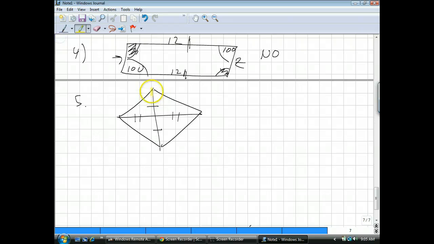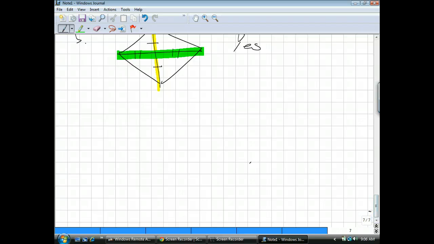Well, I know that this diagonal is bisected by the other one because I know those two segments are congruent, and I know this diagonal is bisected by the other one. So therefore, yes, this has to be a parallelogram. All right, and let's do one quick proof.